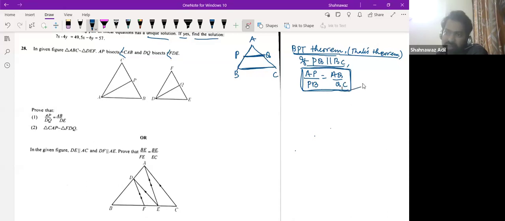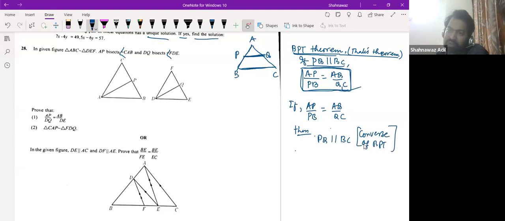That is the BPT theorem. The converse is also true: if in a triangle you are given that AP by PB is equal to AQ by QC, then you can write that PQ is parallel to BC. This is the converse of BPT.